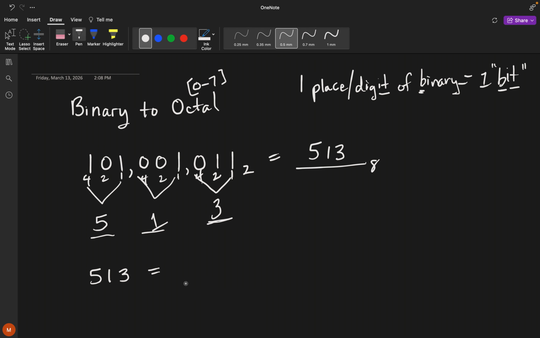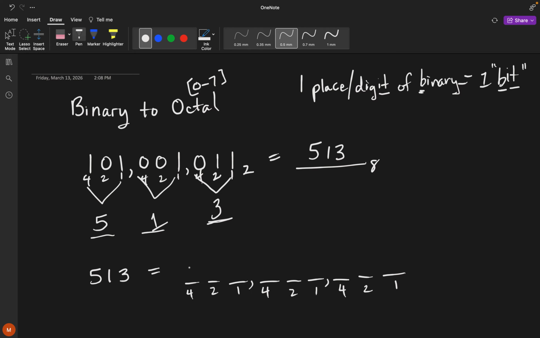So this will be 1, 2, 3 for the 5, 1, 2, 3 for the 1, 1, 2, 3 for the 3. And each triplet will start over with the place values. So this is 1, 2, 4. I can put commas just to help me keep this straight. And then the 1 is going to be in places 1, 2, and 4 as well. And the 3 will also be expressed in these places 1, 2, and 4.